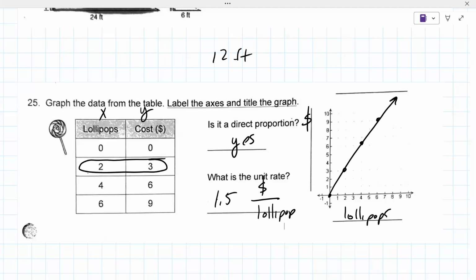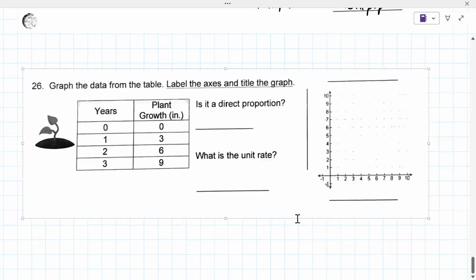Okay, number 26 is almost identical. See if you can do it here. We've got 4 minutes left. I should be able to knock that out real quick. Okay. Is this direct proportion? So you put 1, 2, 3, 2, 6, 3, 9.